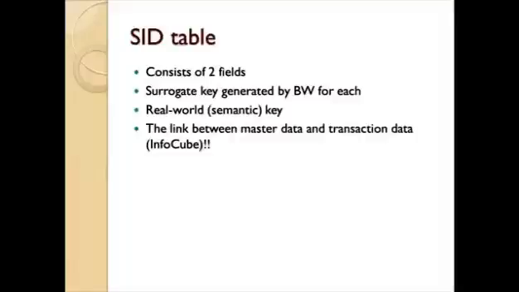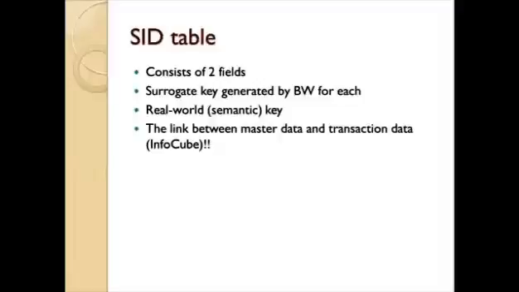Finally, for each piece of master data, we have a separate SID table. Now, it says here that it consists of two fields. One is a surrogate key generated by BW, and two is a real world or semantic key. So in the real world, depending on your company, you might have a 9-digit number for customers, for instance, or 10 letters for your products, whatever.